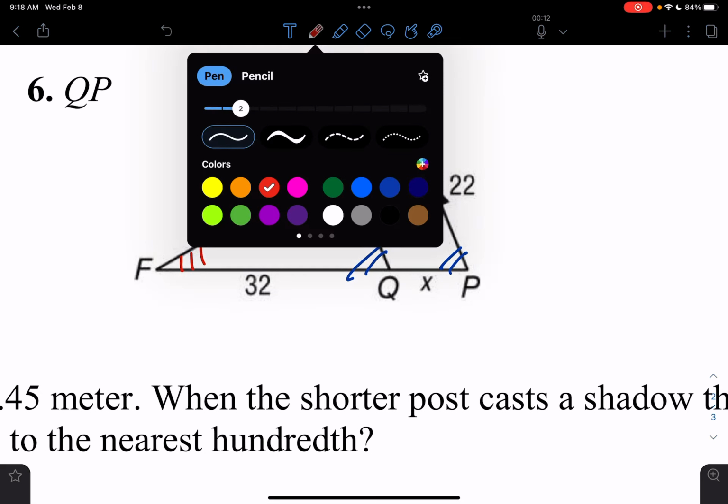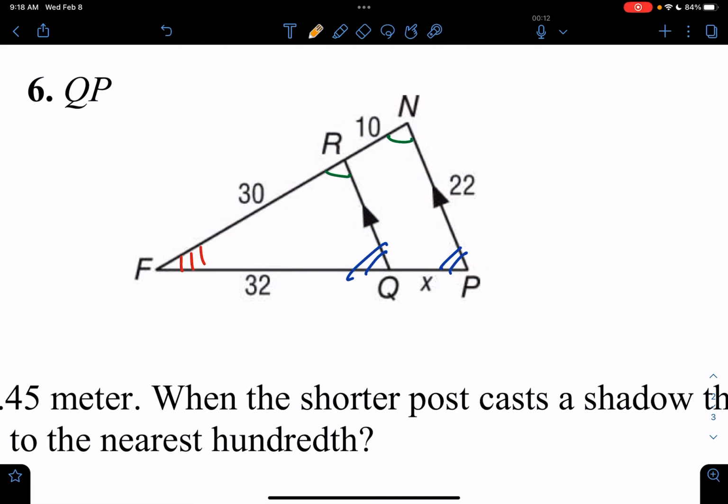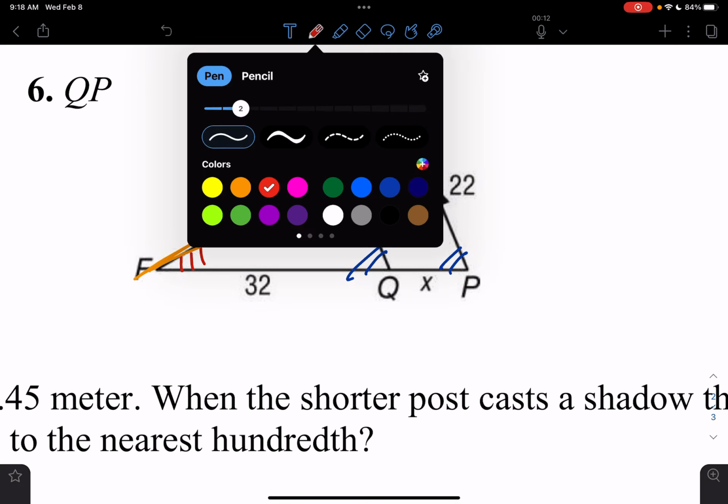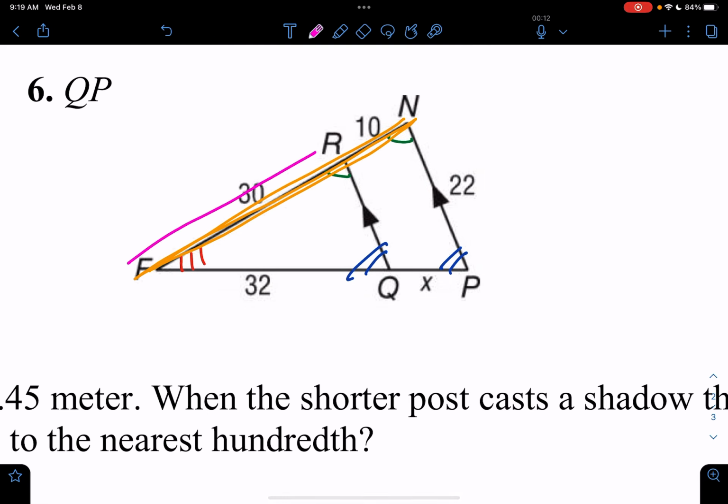So let's evaluate this a little bit, okay? And I'm going to say long side is to short side. I'm going to take short as pink, that one. So what is the long side? The long side is 40, and the short side is 30.